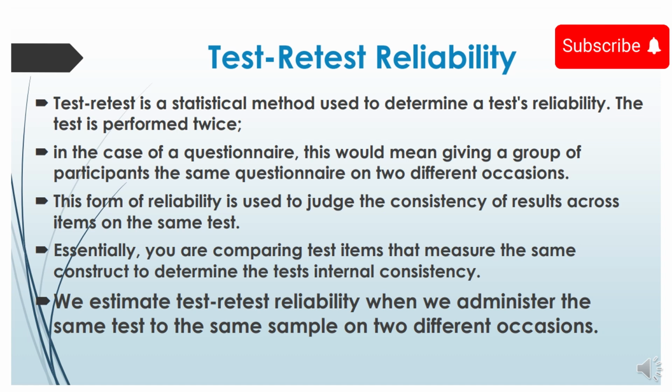So this form of reliability is used to judge the consistency of results across items on the same test. Essentially, you are comparing test items that measure the same concept to determine the test's internal consistency. So we estimate test-retest reliability when we administer the same test to the same sample on two different occasions.